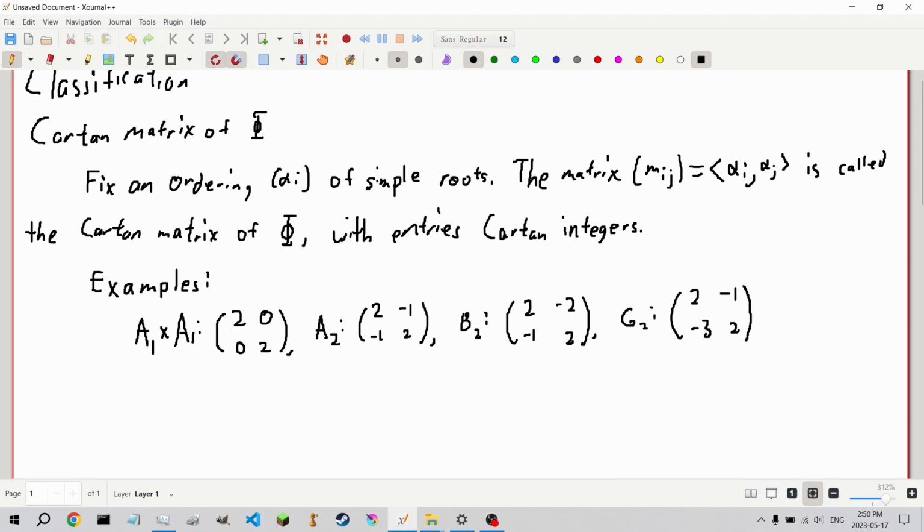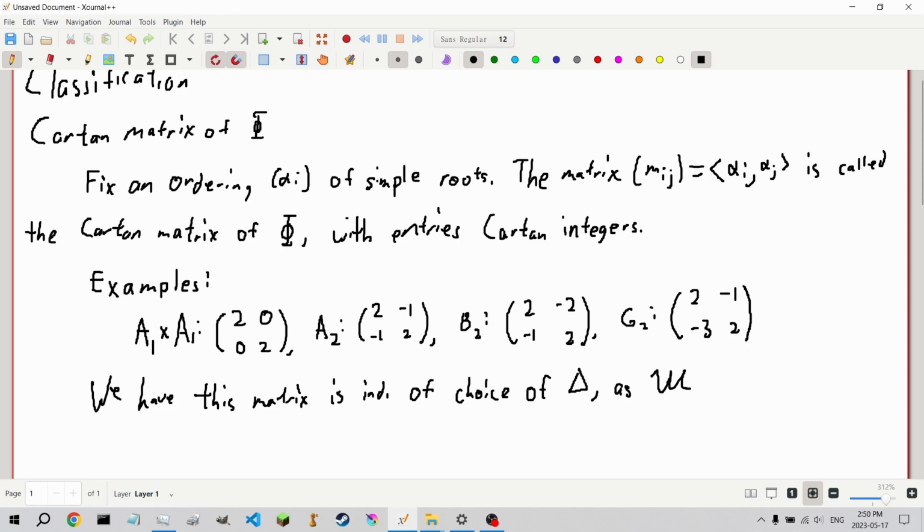But we do know that this matrix is independent of our choice of base, as the Weyl group acts transitively on the collection of bases.